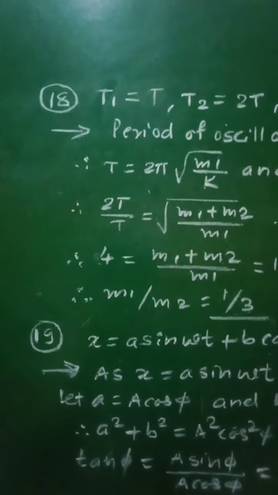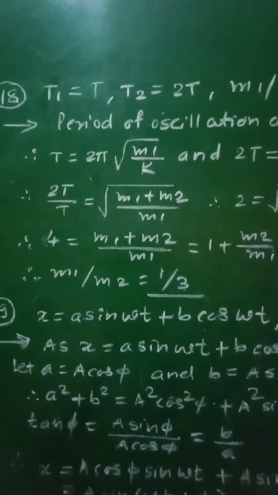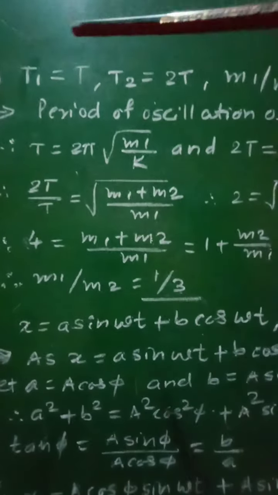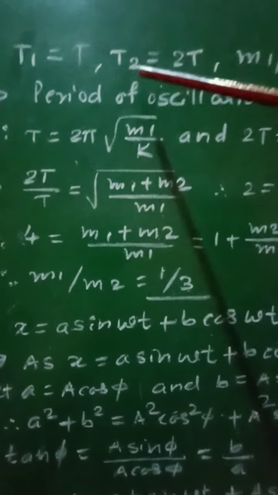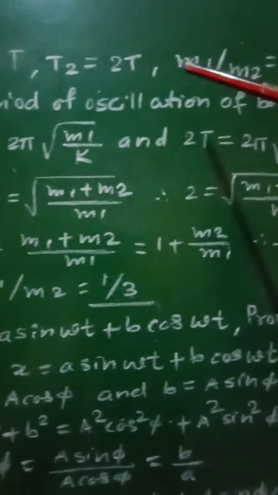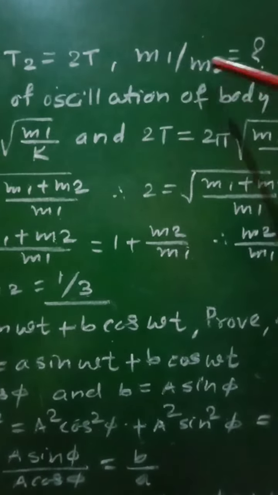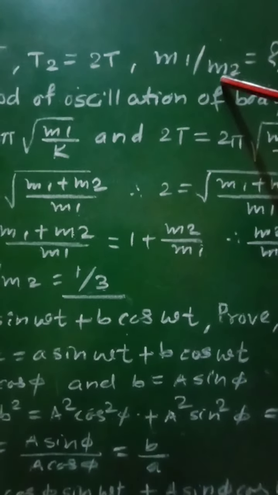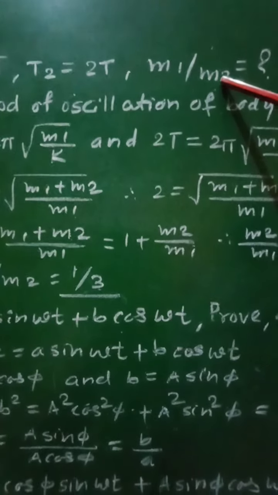Now compare the masses m1 and m2. So for that purpose, t1 is equal to T, t2 is equal to 2T, and we have to find m1 by m2. We have to compare the masses, that is, we have to find the ratio.